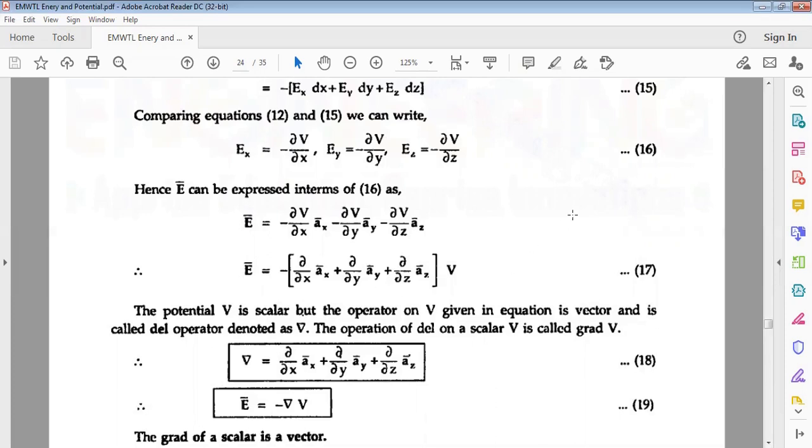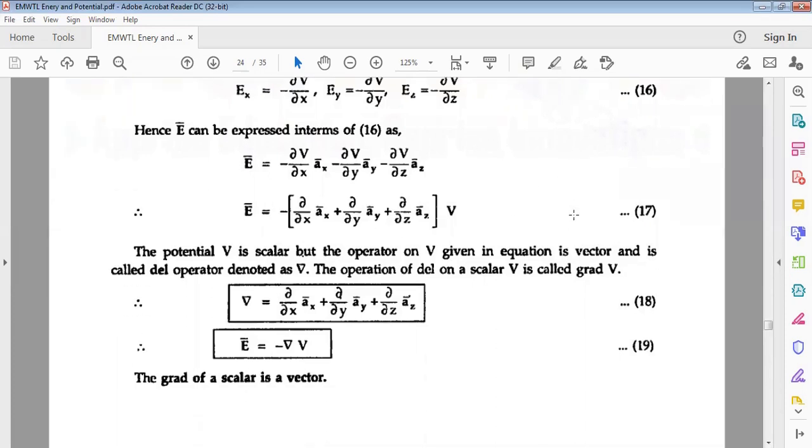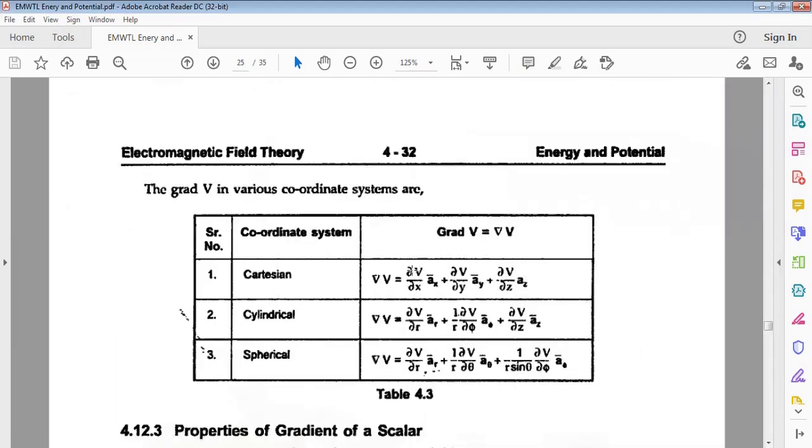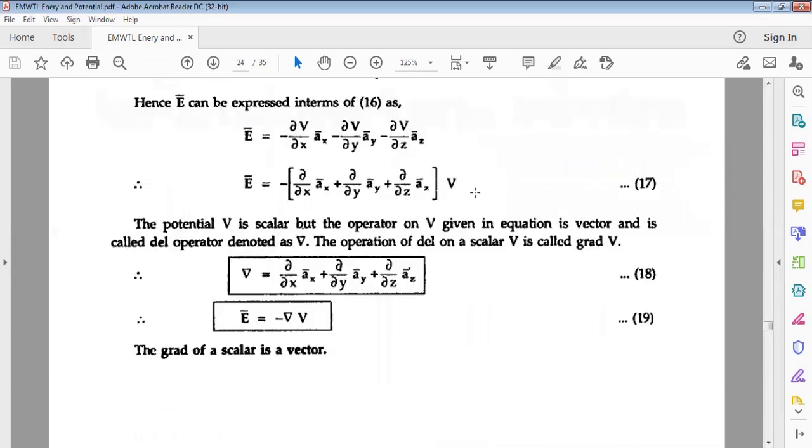Del is a function for the Cartesian coordinate system: dou by dou x Ax, dou by dou y Ay, and dou by dou z Az bar. Here there is no V, only the del function. Del V means dou V by dou x, dou V by dou y, and dou V by dou z.